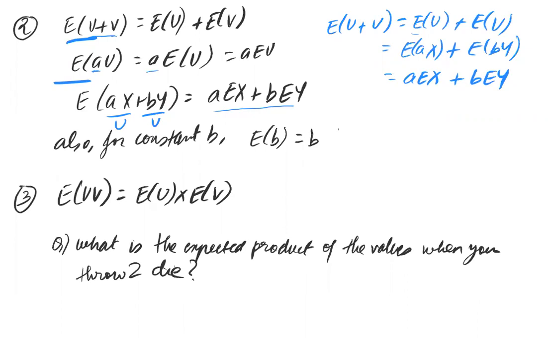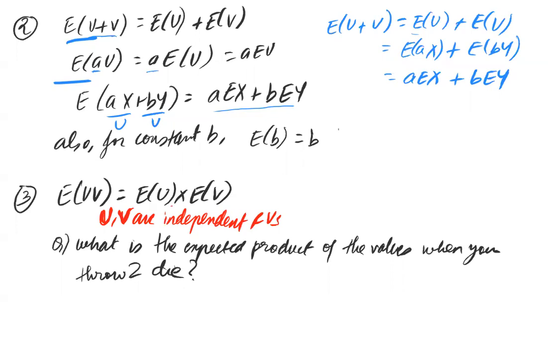Next is multiplication of two random variables, that is E of UV, where U and V are independent. So make sure you note this. This is V and this is U. So EUV can be written as EU times EV.